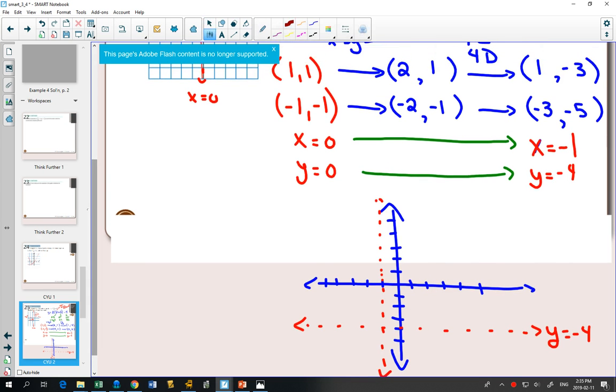So I have 1, -3. And label that point. And -3, -5. The shape has to stay the same.